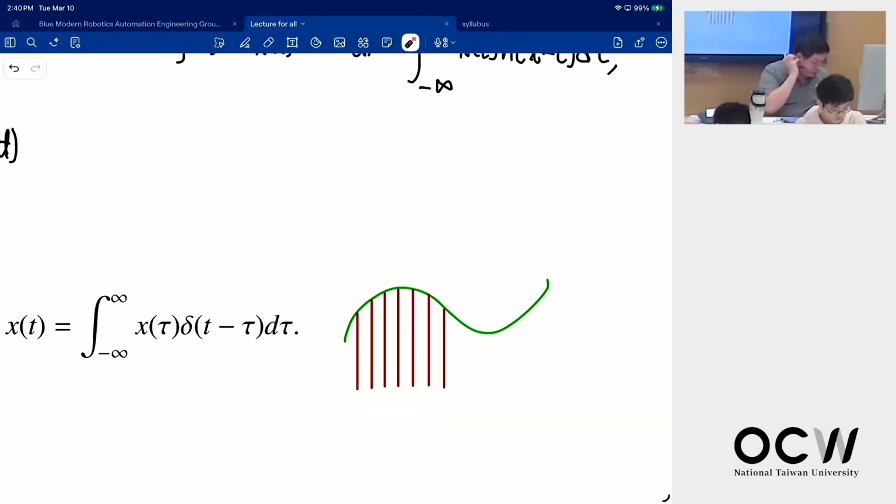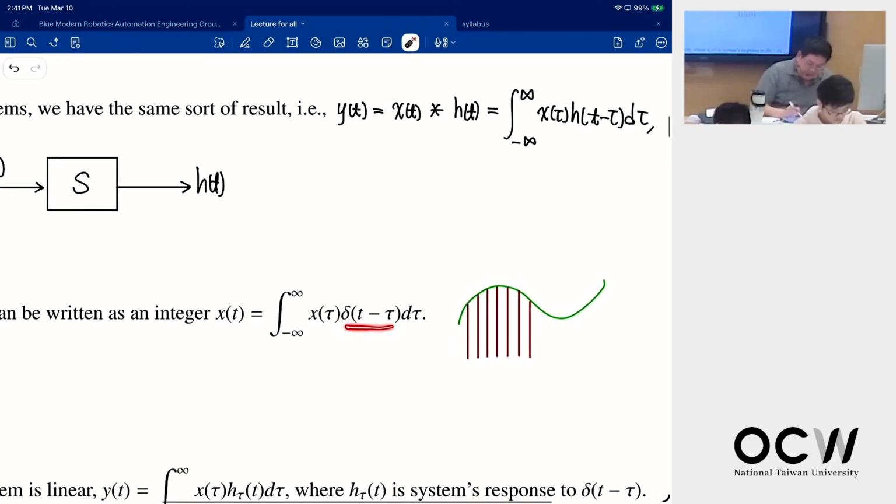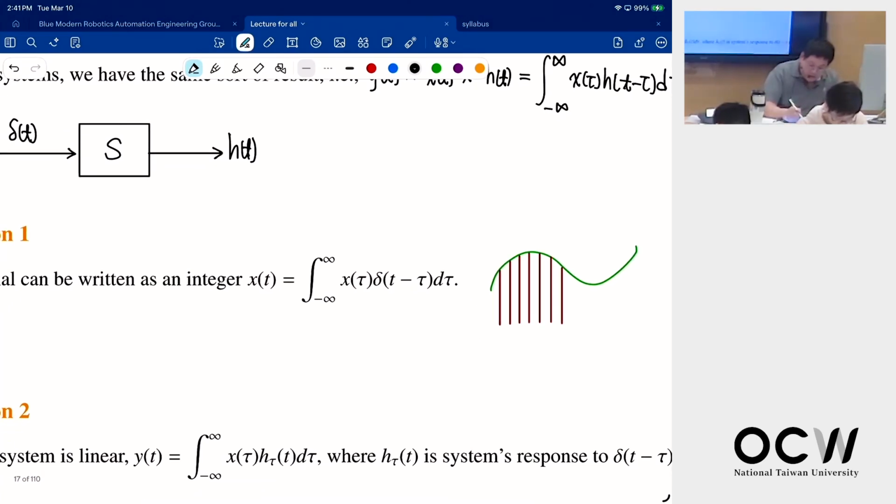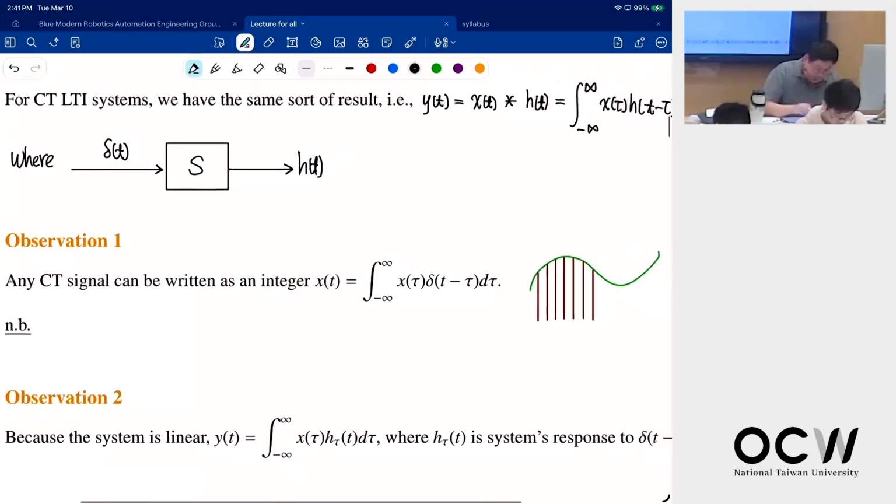And for this shifted unit impulse, it's like this.